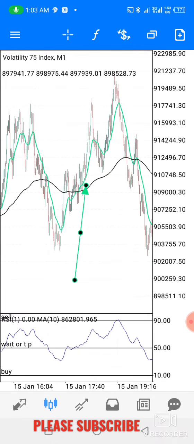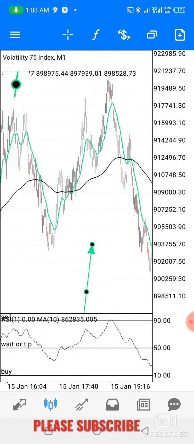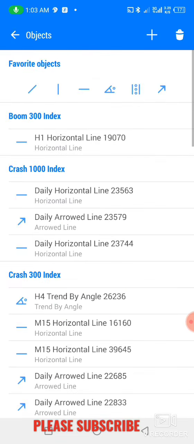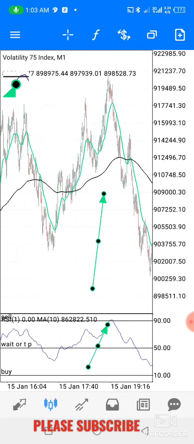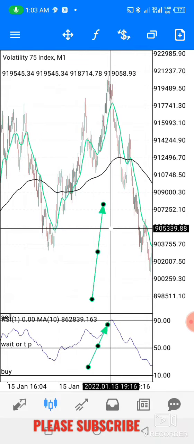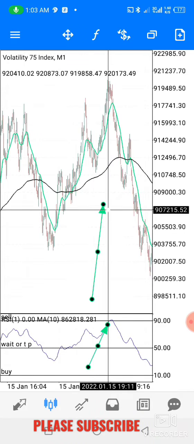Wait for this to hit level 90. Let it hit this level 90. When it hits level 90, you can see this is where it hit level 90 here. And then if you map this here, so this is the price.